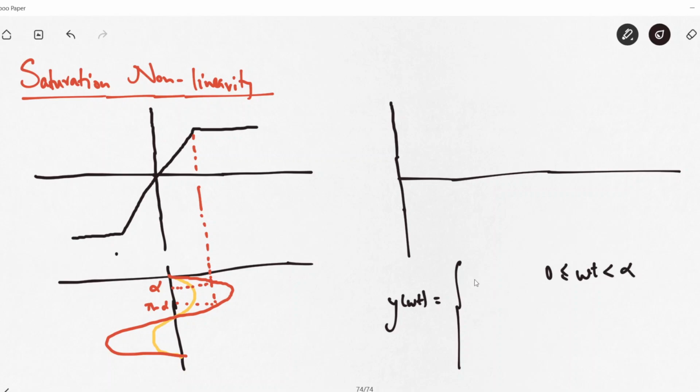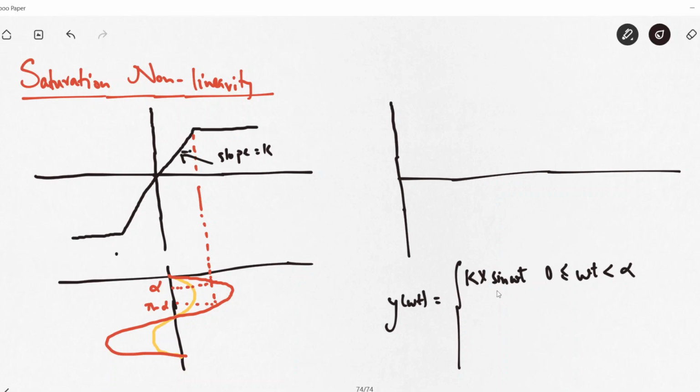From 0 to alpha, y of omega t will be simply, if the slope is k here, equal to k x sine omega t.